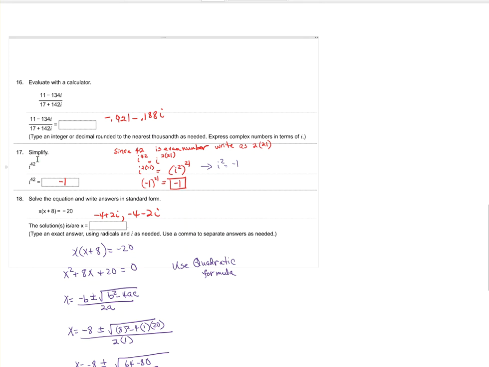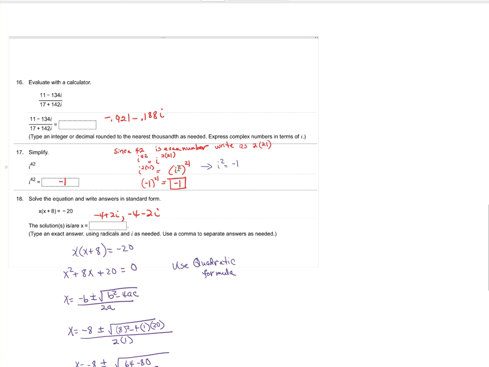i to the 42nd. Let's talk about how we do that. Since 42 is an even number, write it as 2 times 21. So i to the 42nd equals i to the 2 times 21. That's i squared to the 21st.